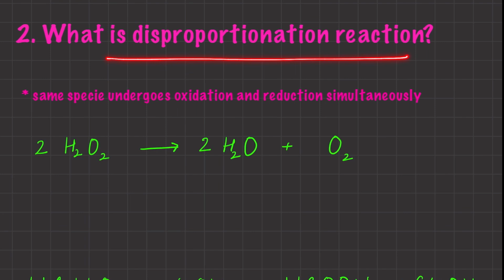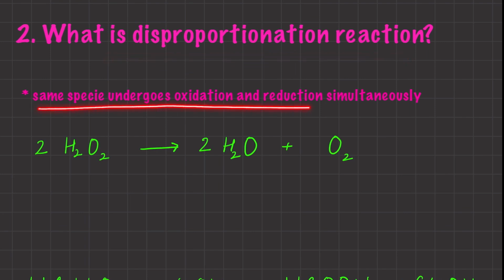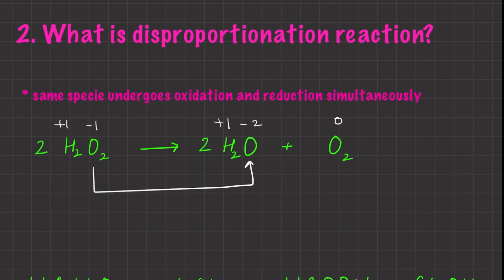What is a disproportionation reaction? In a disproportionation reaction, the same species undergoes oxidation and reduction simultaneously. If we look at hydrogen peroxide, here the oxidation state of hydrogen is +1 and of oxygen it is -1. Here again in water it is +1, -2, and in oxygen it is 0. So from here to here, there is a case of reduction from -1 to -2.